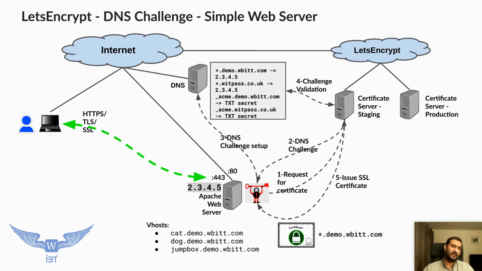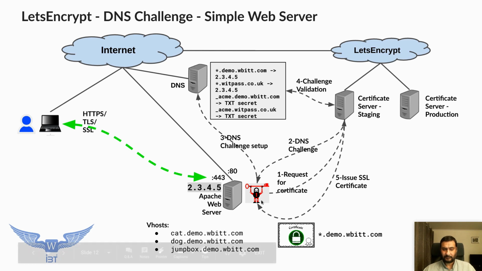But this time it does not do the two extra steps. It does not modify the Apache or Nginx virtual host or SSL configurations, and it does not restart the web server. This is a limitation of the DNS plugin, right?